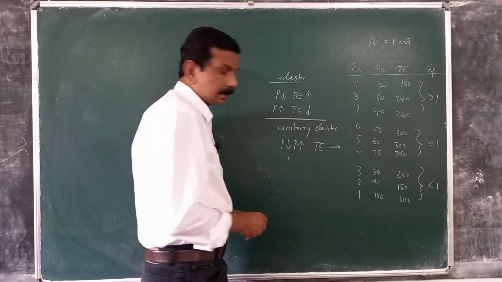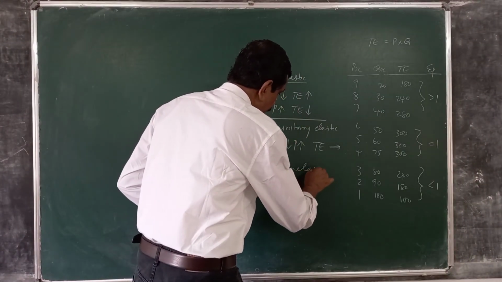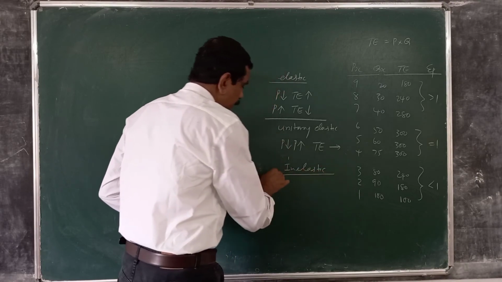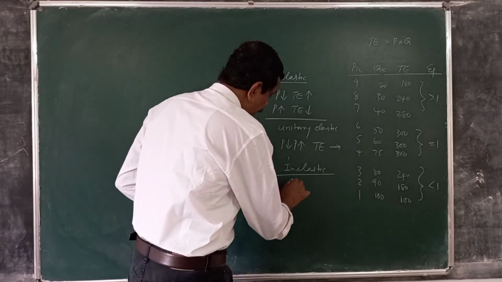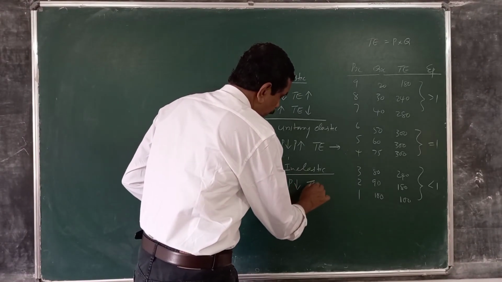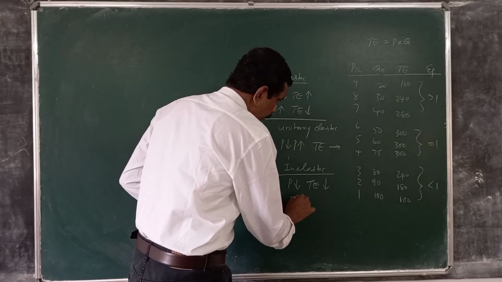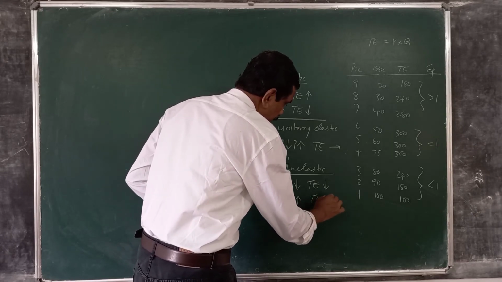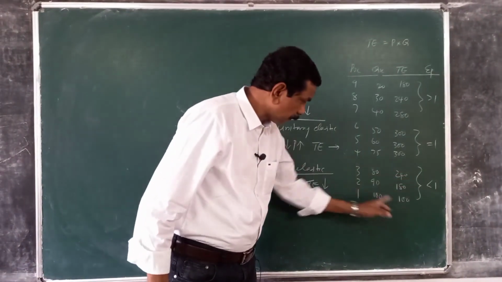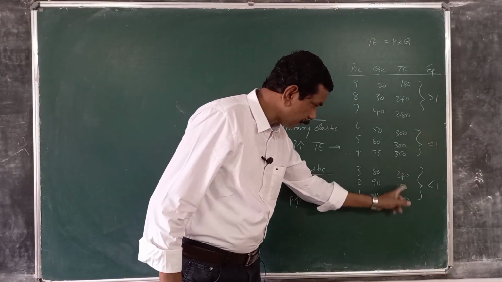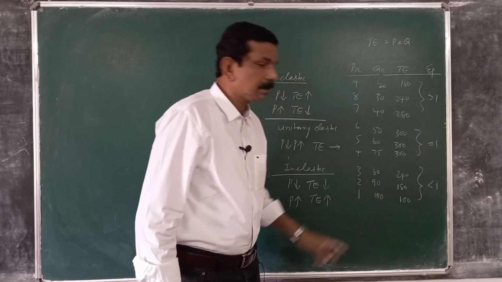Then demand is said to be inelastic if for a fall in price, total expenditure decreases, and for a rise in price, total expenditure increases. And that is this. For a fall in price, total expenditure decreases. For a rise in price, total expenditure increases.